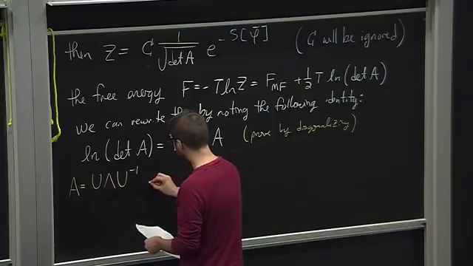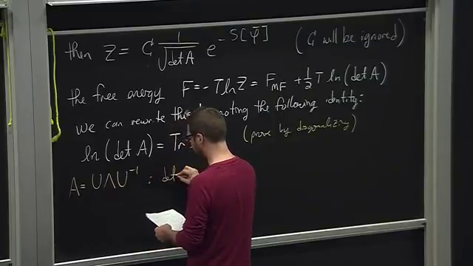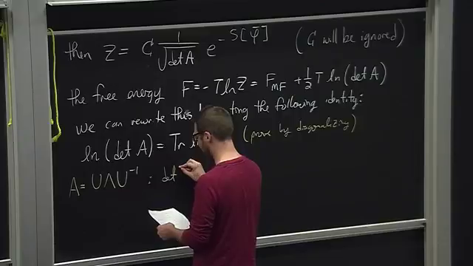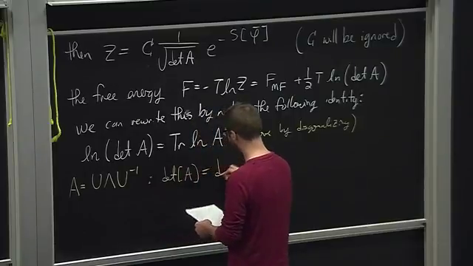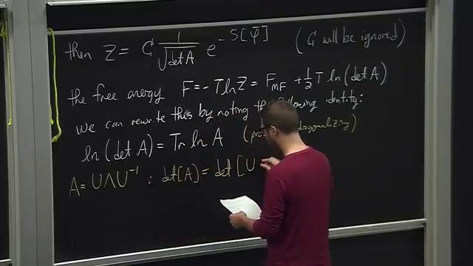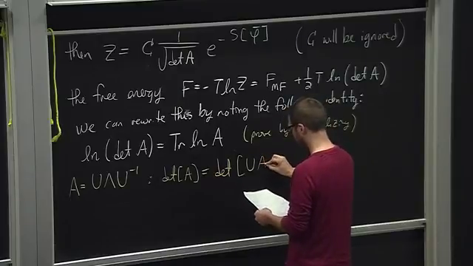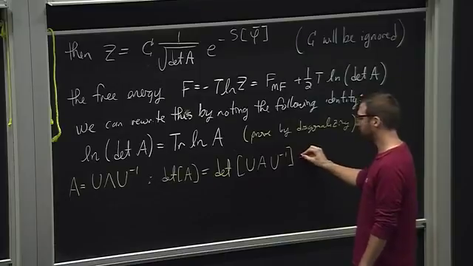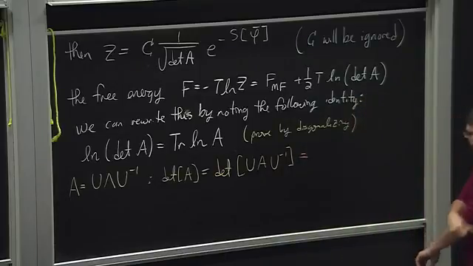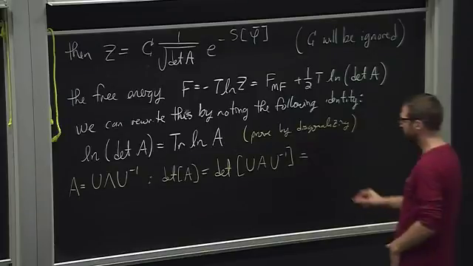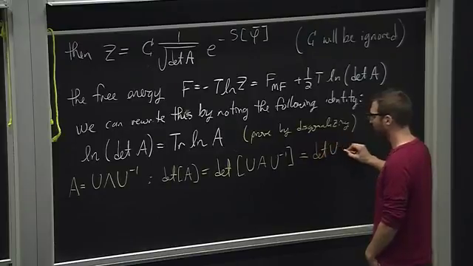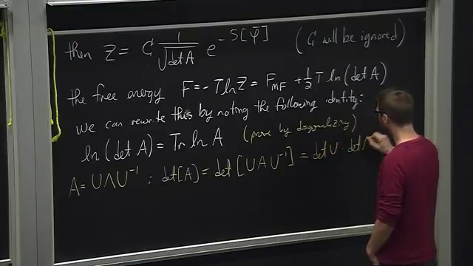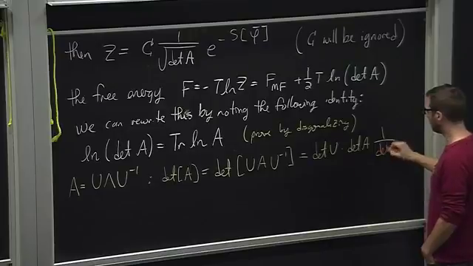Then just calculate the determinant of A, and because this is distributive, the determinant of U, any orthogonal, is either plus or minus 1. So you can write it somehow like this, probably.